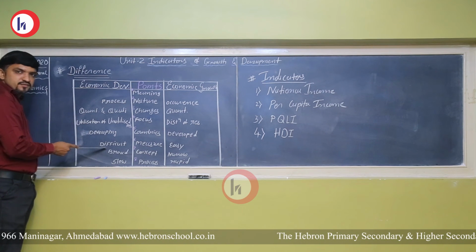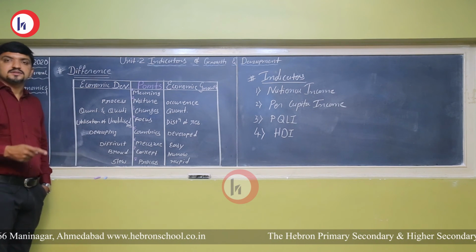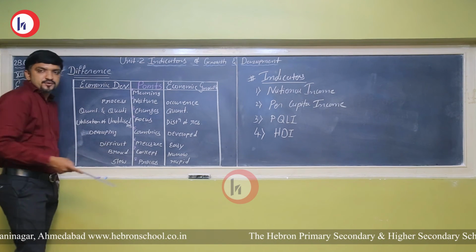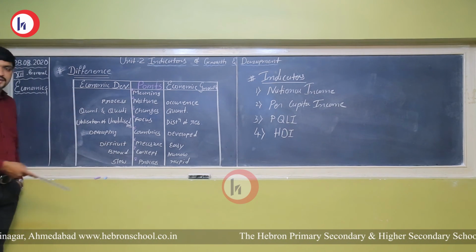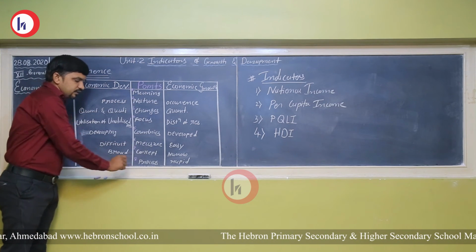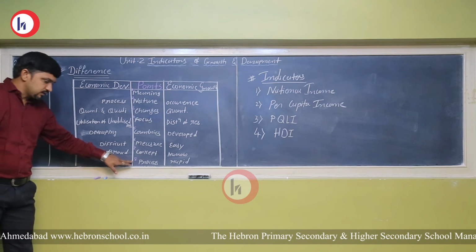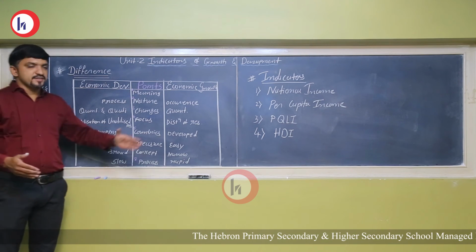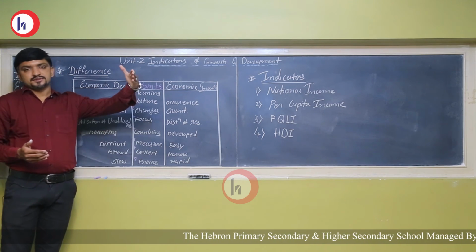Economic development is difficult to measure, economic growth is easy to measure. When it comes to concept, economic development is a broad concept, economic growth is a narrow concept, and the last, process. It's a slow process, it's a rapid process.